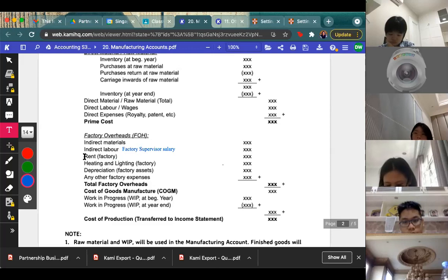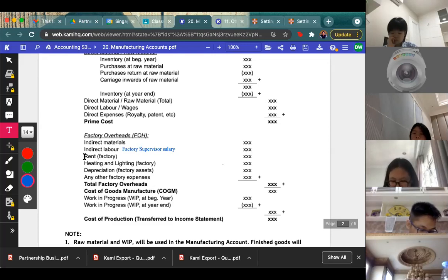Insurance also only for the factory. Sometimes you are on one site, like in Jababeka or Pulau Gadung, somewhere you have an area where your factory and your offices are side by side, and you have to pay rent for both office and factory.